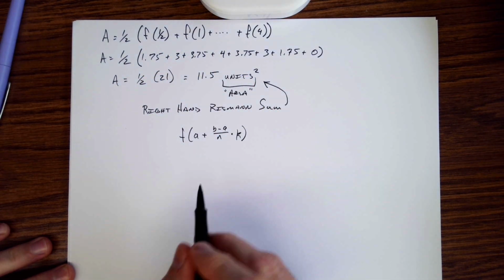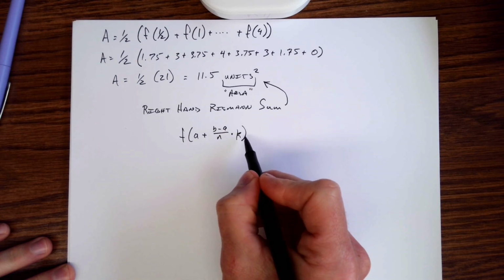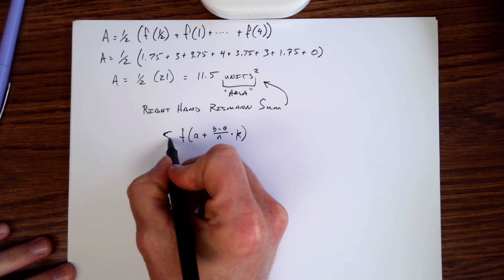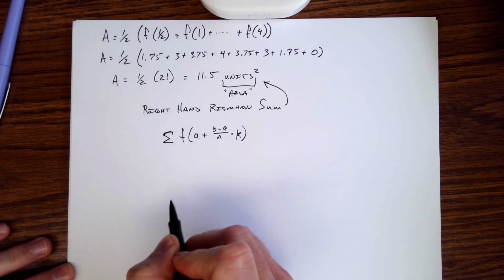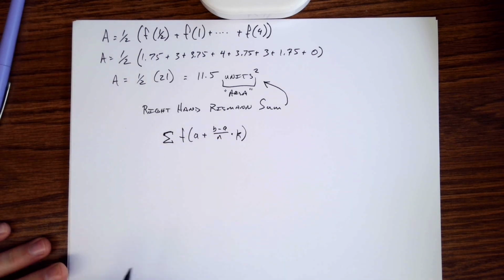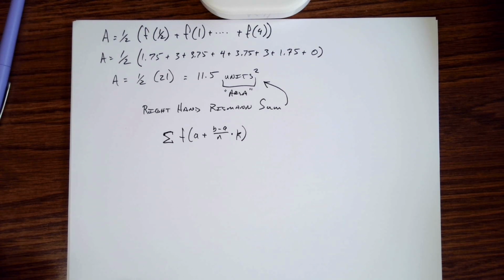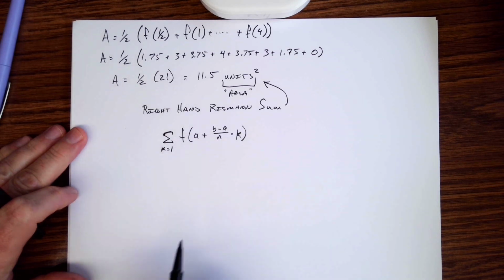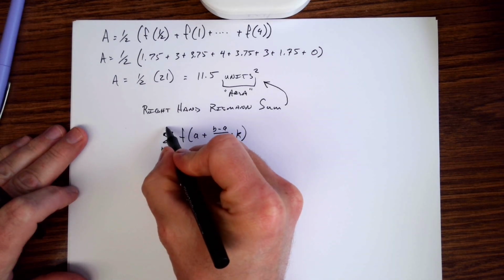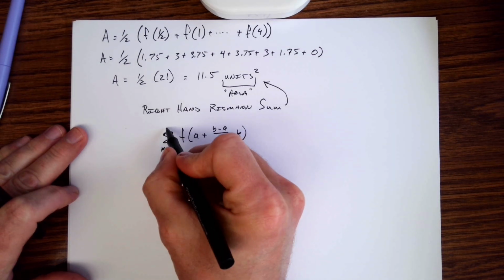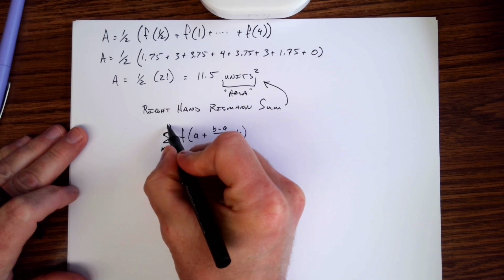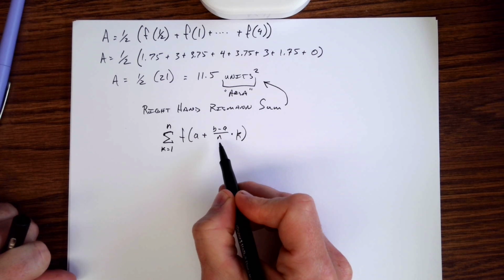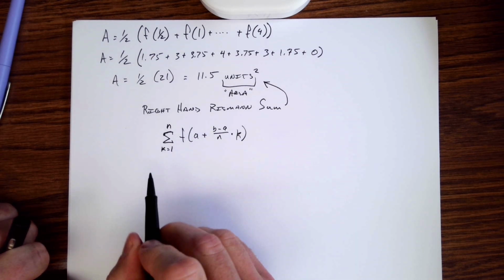But we don't have any way to necessarily count k here and control it, which is why we introduce the idea of summations, which is symbolized with the Greek symbol sigma. We're going to start k at 1, and it's going to go up to whatever value of n we have designated, which in the example we did here was 8. So it would have been 8 here and an 8 there.